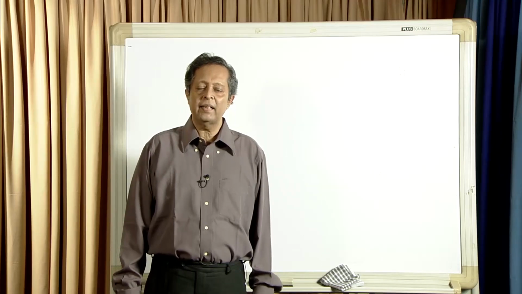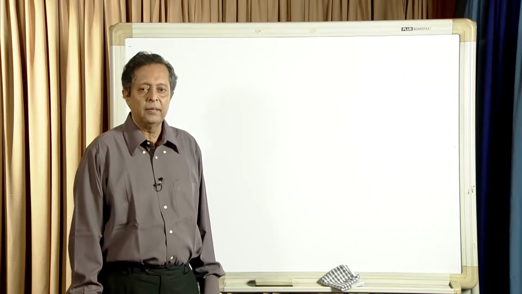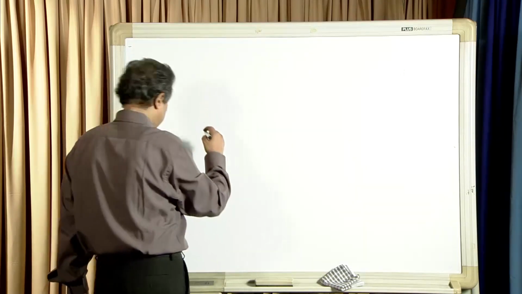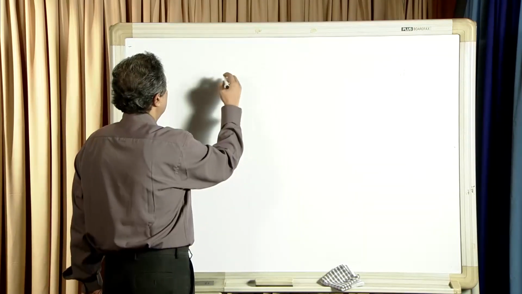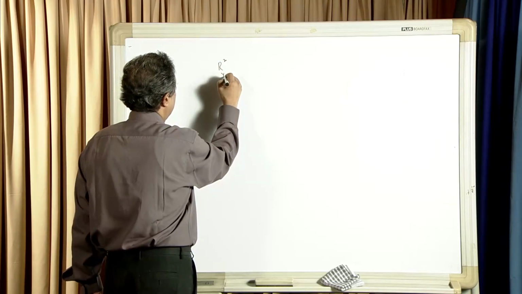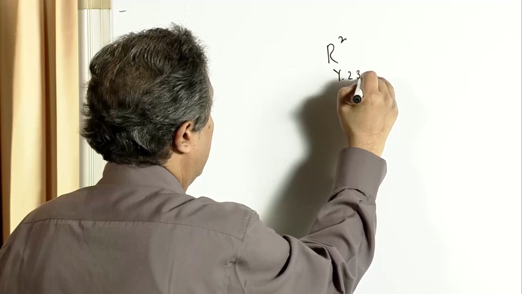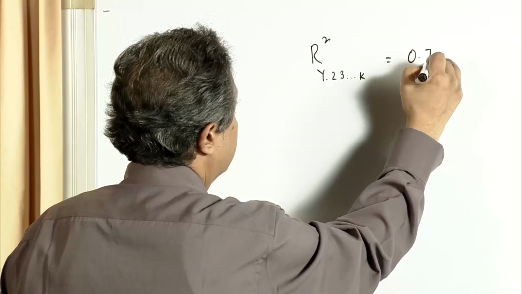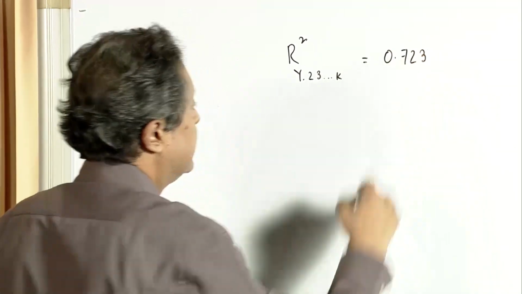Let us now look at an example of R square. Supposing we have an application where R square between y and 2, 3 up to k is equal to 0.723.